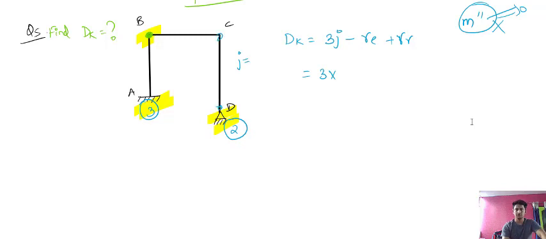So j value is 4 here. So 3 times 4 minus re. Re is 5, external reaction, plus rr. Rr is 1. So this is 12 minus 5 plus 1. 12 minus 5 comes out to be 7, 7 plus 1 is 8. So the value of dk is 8. This is how you need to calculate.